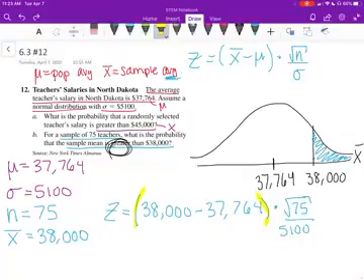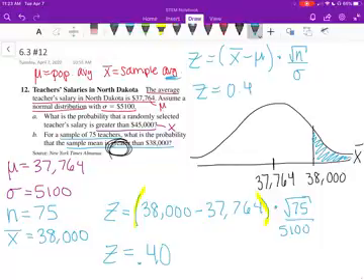So let's do that in our calculator. 38,000 minus 37,764 times the square root of 75 divided by 5,100. We get Z is equal to 0.40. So let's write that up here.